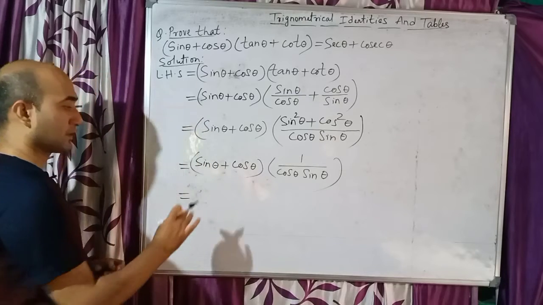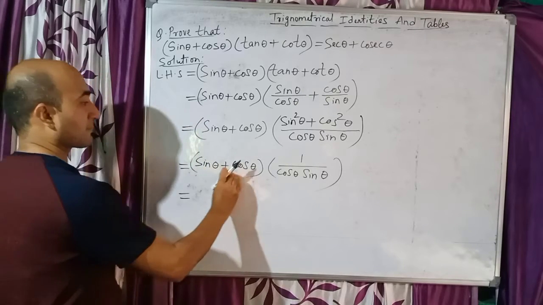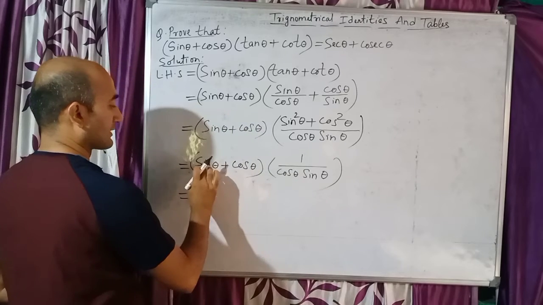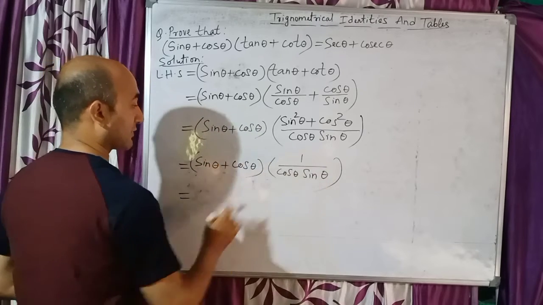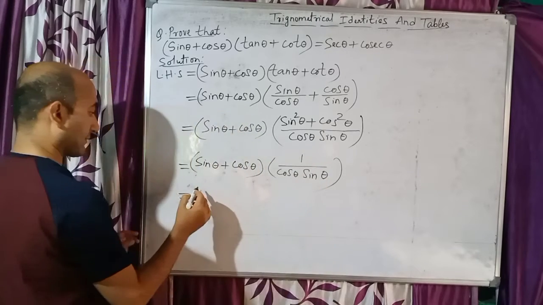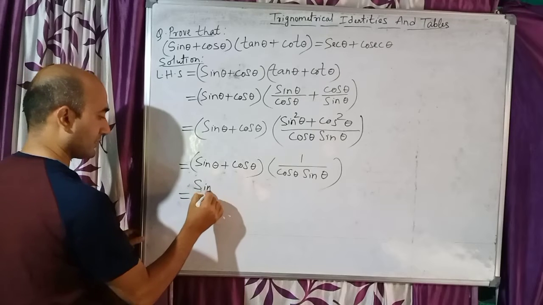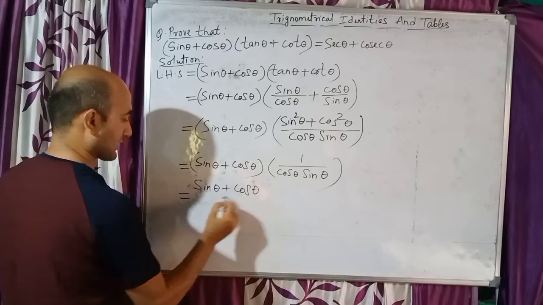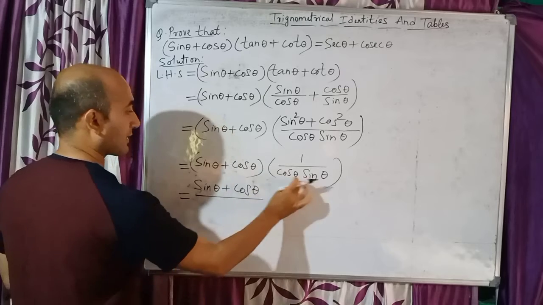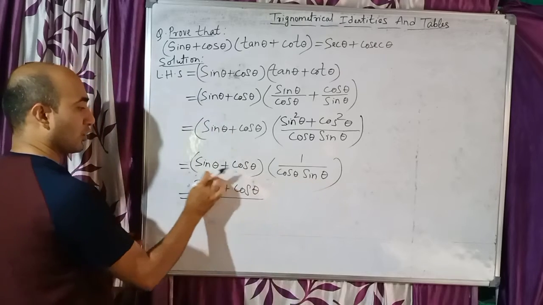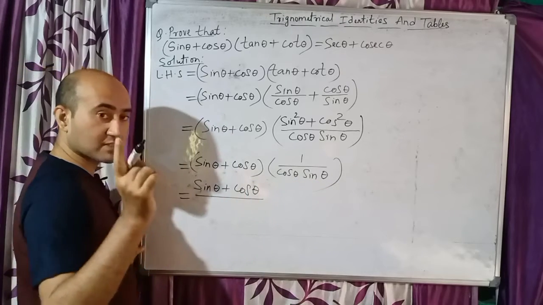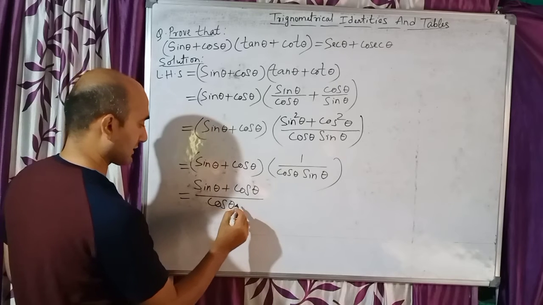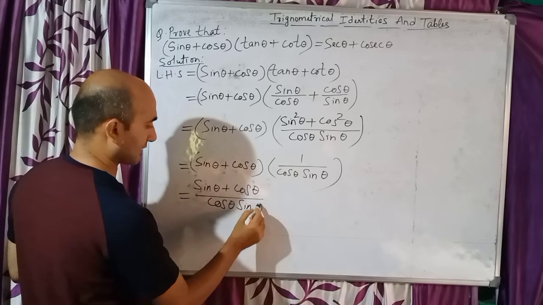Now you multiply the upper part with the upper number, the lower part with the lower number. Here sin theta plus cos theta will multiply with 1 and it will be the same, sin theta plus cos theta, and the lower part will multiply with nothing, that means 1, so it will also be the same, cos theta sin theta.